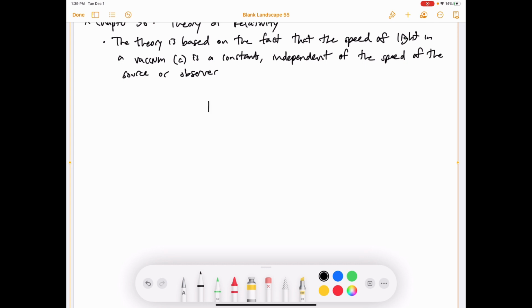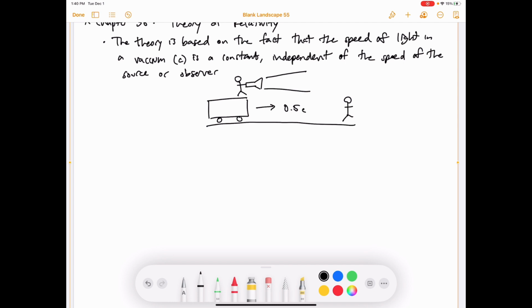So if we sketch out a scenario where someone is standing on a train like this, and the train is moving forward, let's say at half the speed of light, and let's say the person riding on the train has a flashlight, and they shine it forward in that same direction. What would someone who's just standing there on the train tracks see?